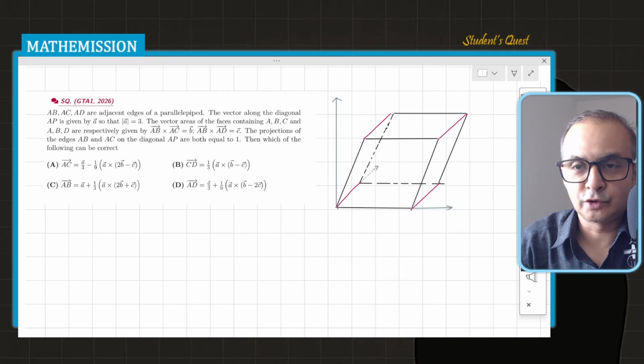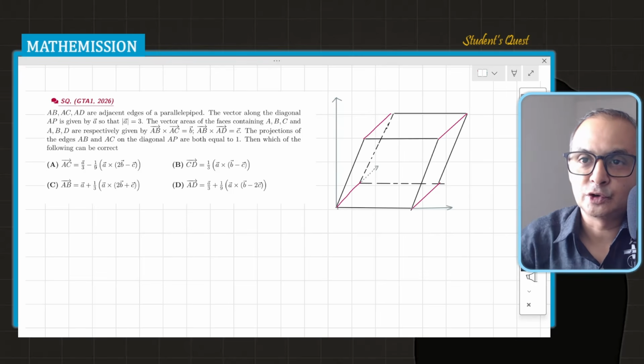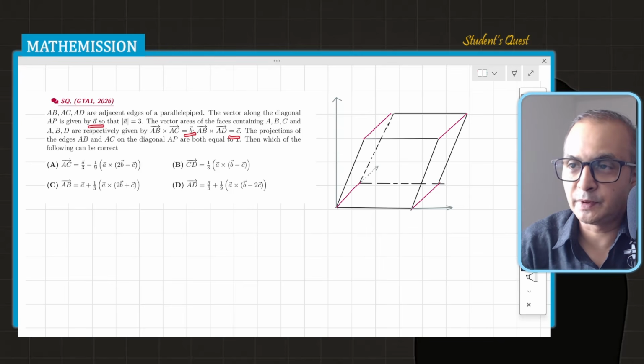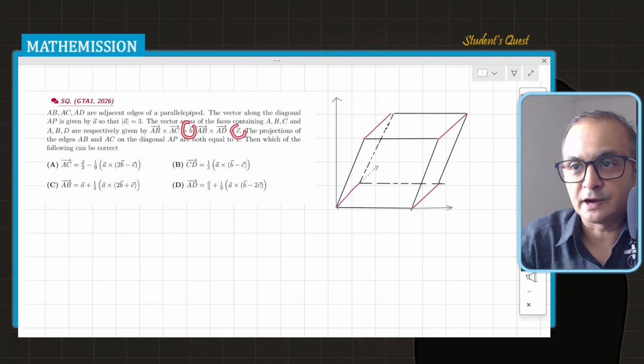So one thing you notice carefully is that whatever options we have, these options are all in terms of small a, small b, and small c. It means I have to find AC in terms of the a vector, the b vector and the c vector. Also be careful in understanding that vector b and vector c are the area vectors of the faces.